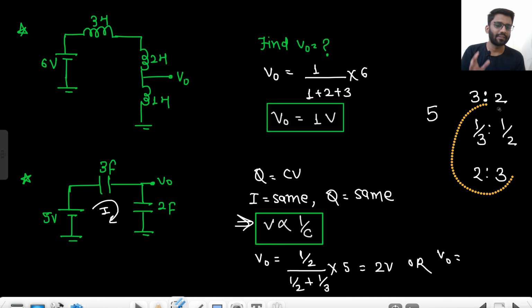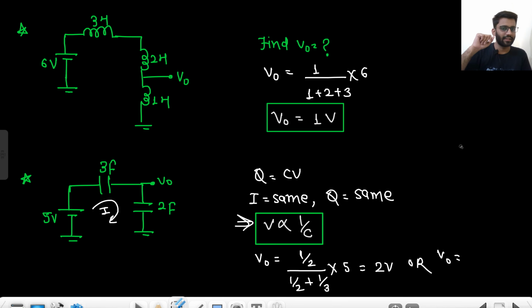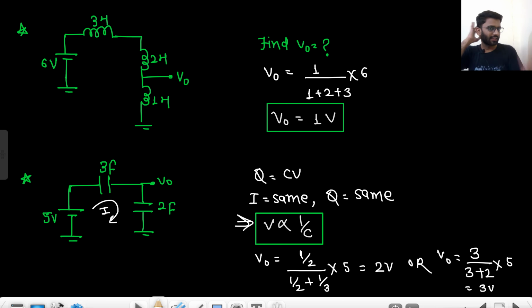I will give you a simple example. 5 toffees you have, and you have to divide in 3:2 in inverse proportion. That means Ram gets 2 and Shyam gets 3 toffees. If you want to divide it in inverse proportion, you can give it 3 upon (3 plus 2) into 5. This is basic mathematics. I am dividing it in inverse proportion. So while calculating across 2 farad, I will write 3 upon (3 plus 2). Are you getting it? For 2 components, I can divide it like this. For 3 components, I can't divide it like this.